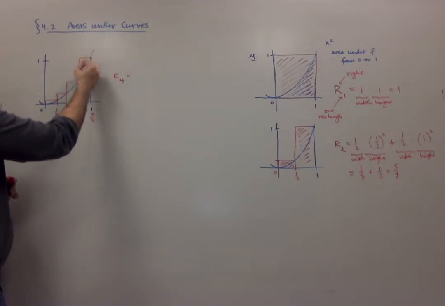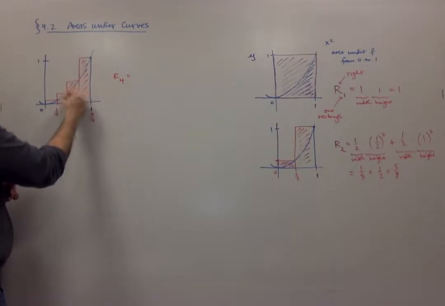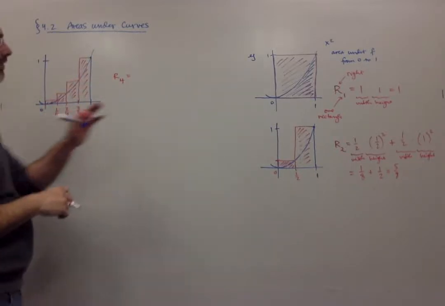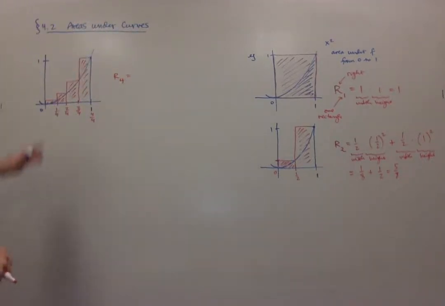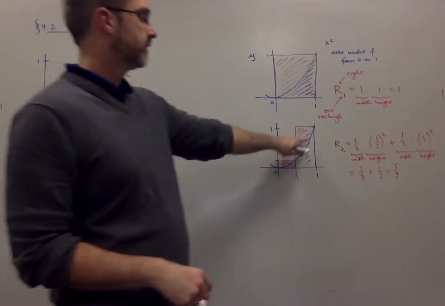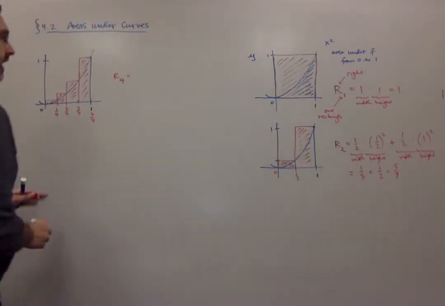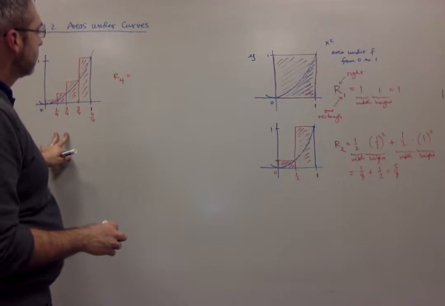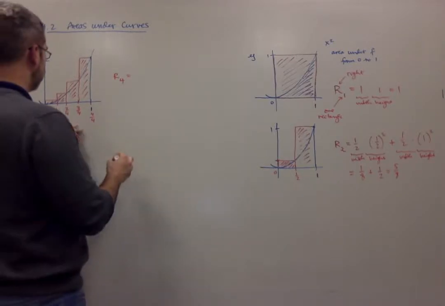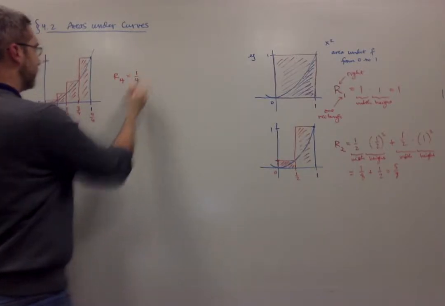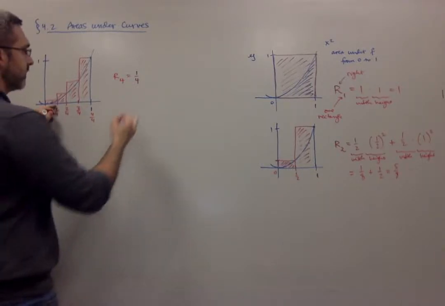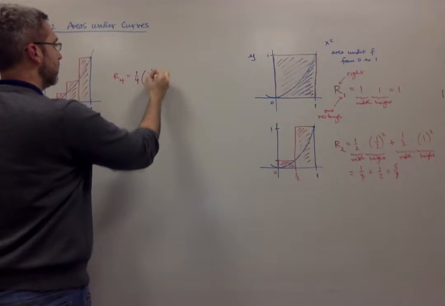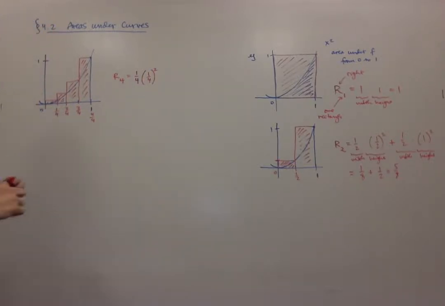You can see that that is an even better approximation than using 2 rectangles, because I don't have that extra area that I had over here. So to get this, I'm going to take each rectangle's width, 1/4, times the height. The height here is what I get when I plug 1/4 into the function.